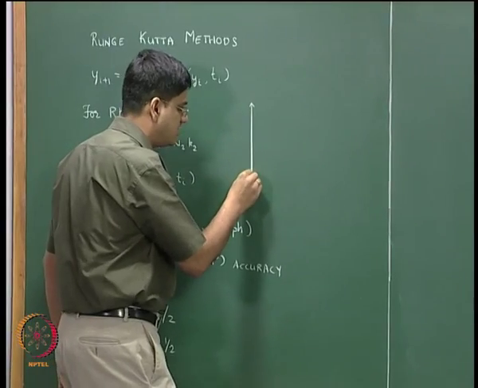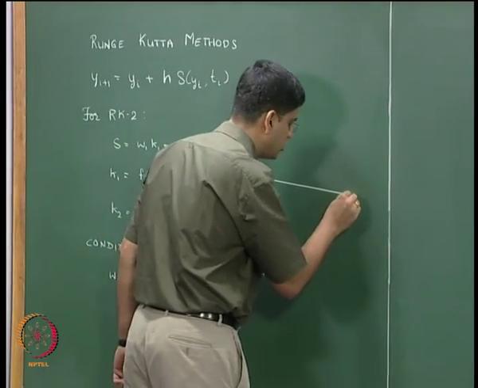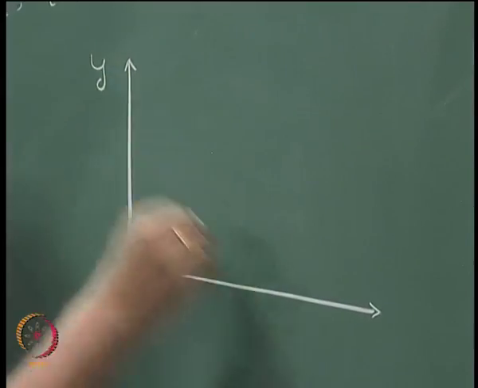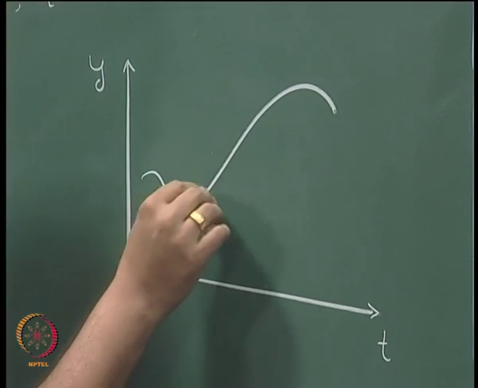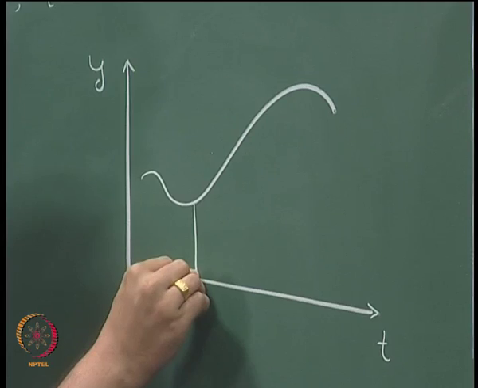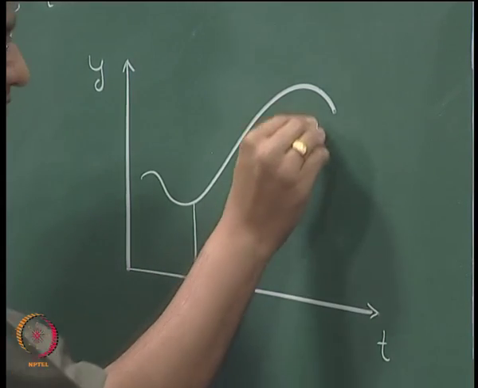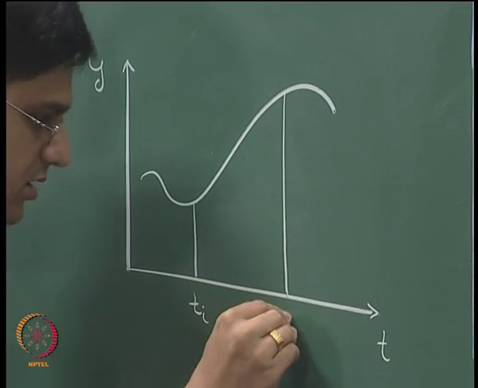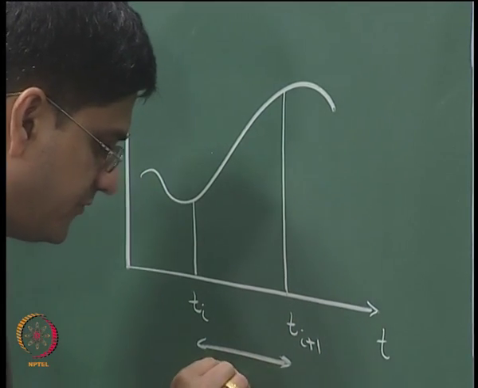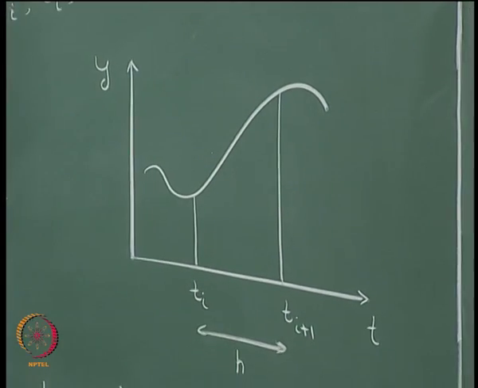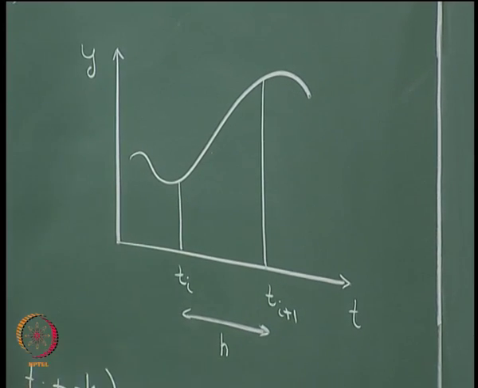And the geometric interpretation of the second order RK2 method is this: when you plot y against t, and we have any arbitrary curve of this sort, and let this be ti and let this be ti plus 1, with the difference between the two being equal to the step size h.